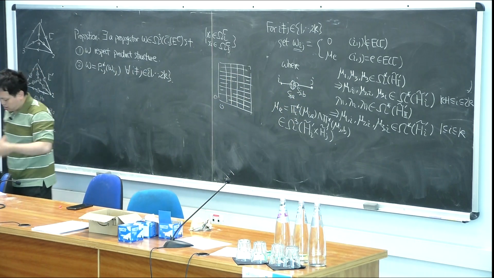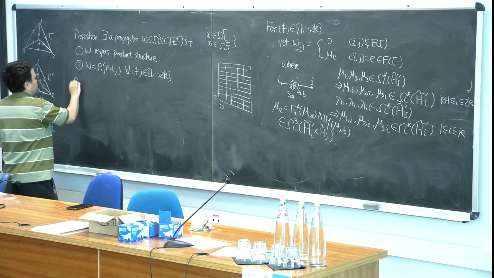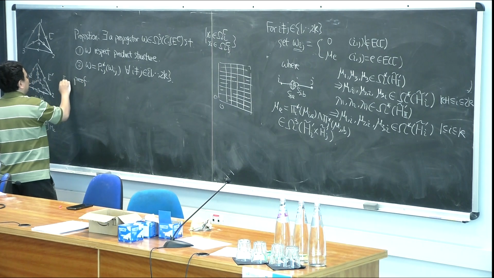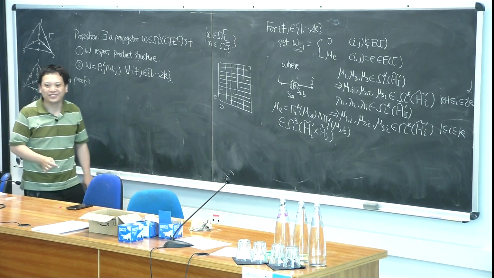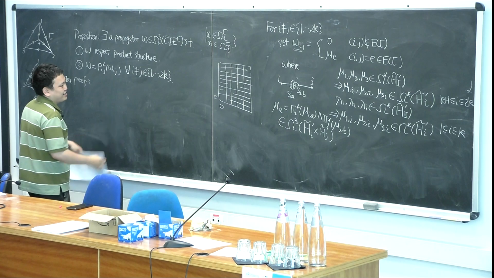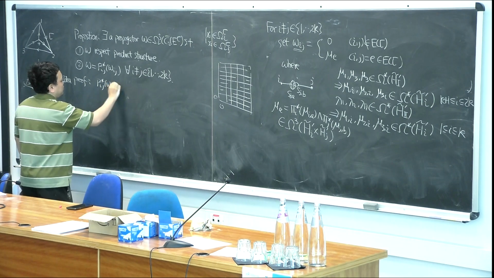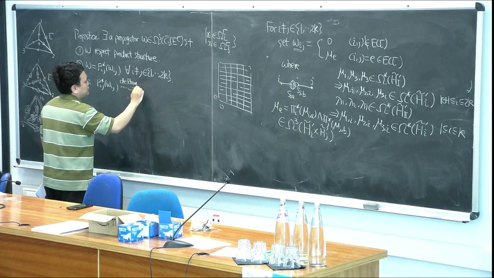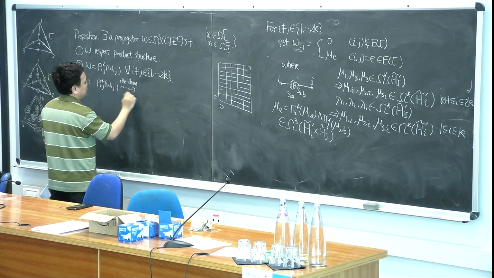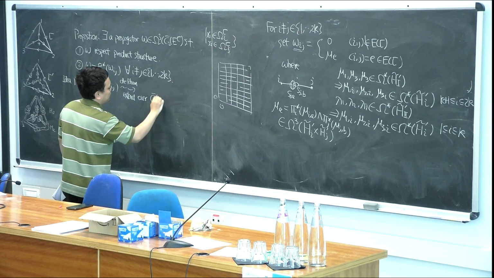Well, I don't think I have time to prove this. Let me just say the idea of proof. In the actual paper, it takes like 30 pages to prove this lemma. But basically, first we have this differential form and use the Ram theory to extend it over the whole configuration space bundle.